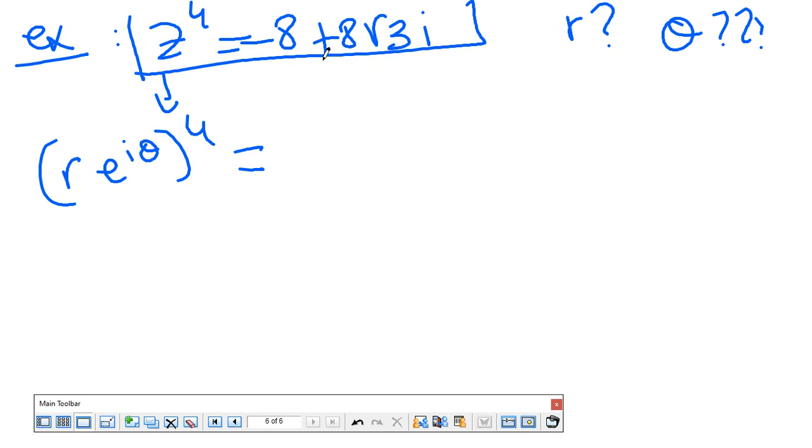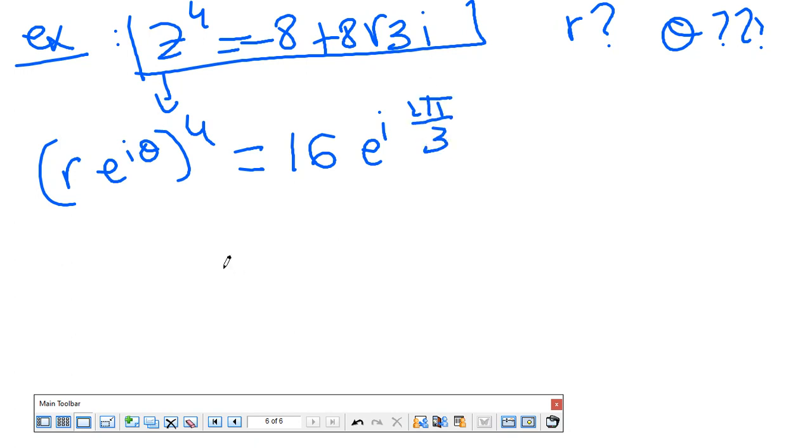To find r, it's √(64 plus 64), so r is 16. For the angle, x is negative and y is positive, so I am in quadrant 2. I will use shift arctangent, but here I will do π minus the calculator's answer, because it will be π minus π/3. So it will be 16 e^(i 2π/3).